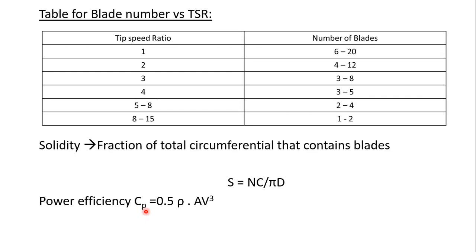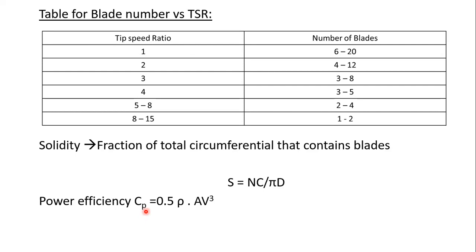We can write Cp as the shaft power divided by 0.5 into rho into A into V cubed. All the abbreviations were explained before. Every type of rotor has different, unique Cp curves.